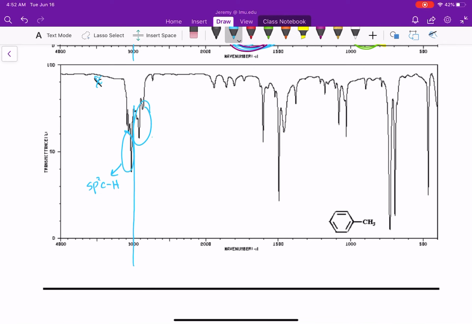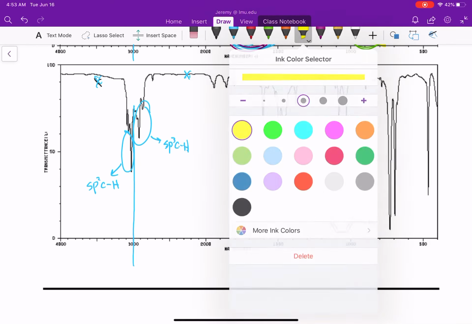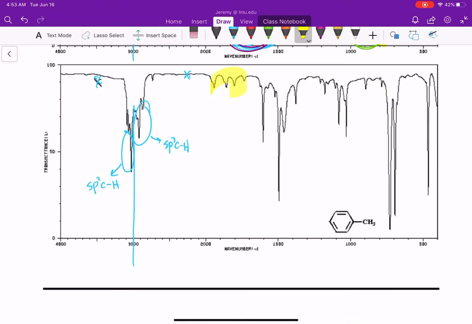We have peaks to the right of that. Those are sp3 C-H's. Nothing in zone 3. In zone 4, we see 3 or 4 small bumps. Those are what our aromatic overtones look like.